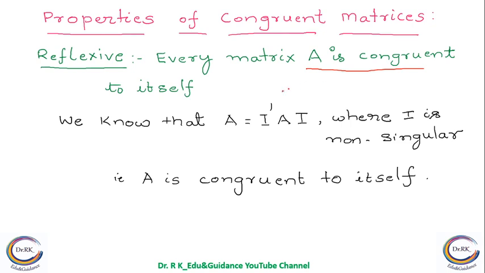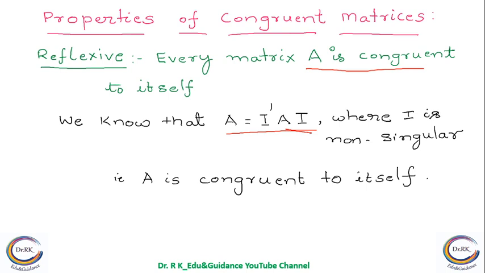Now we know every matrix A can be written as I transpose AI, where I is our identity matrix, which is always a non-singular matrix. If you simplify this, A into I is A, right? I transpose means again an identity matrix, into A, again what we get is A, therefore this holds good, right? That means every matrix A can be written as I transpose into A into I, right?